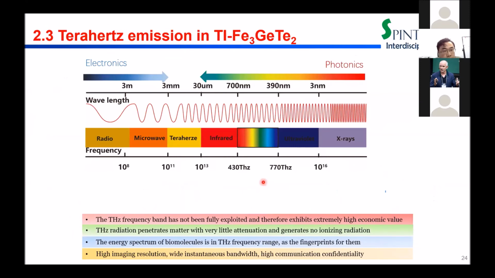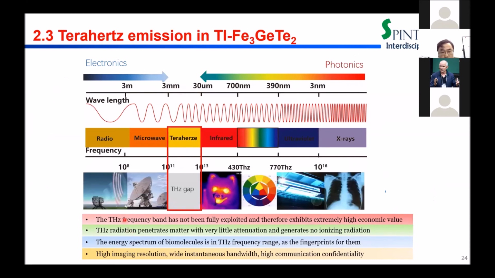The third part, I will talk about terahertz emission in this topological insulator and antimony telluride structure. We know terahertz is a kind of radiation in the range of 30 micrometers to 3 millimeters, in the frequency range of 0.2 terahertz to 10 terahertz. It's very useful.